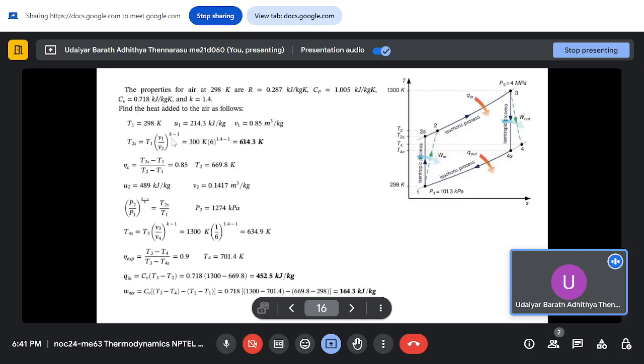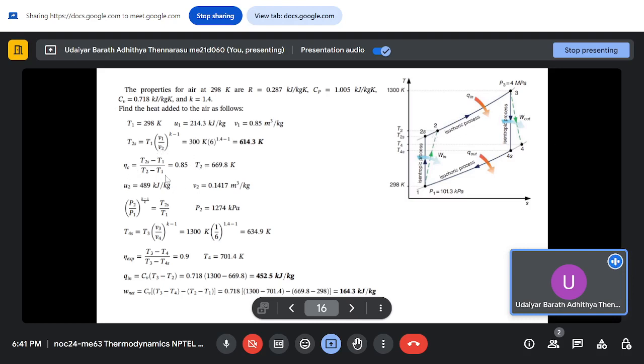So you are using that, and for an isentropic process, T2 by T1 equals V1 by V2 raised to the power gamma minus 1. So from there we can find out the temperature at state 2, and then you find out the actual temperature T2 using the corresponding specific volume and the temperature.